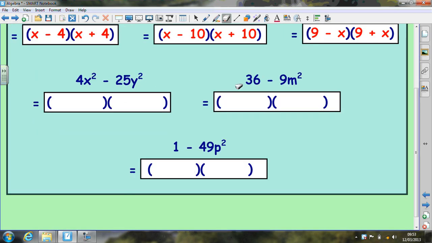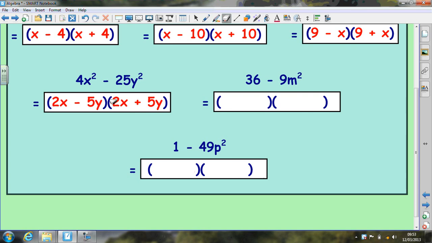On these slightly harder examples, we've got values in front of the x squared, and a value in front of the y squared here. So what times what makes 4? Well, 2. And what times what makes x squared? Well, x, so you get 2x times 2x, which gives you your 4x squared. 5y times 5y will make your 25y squared, and you need your subtract and your plus.